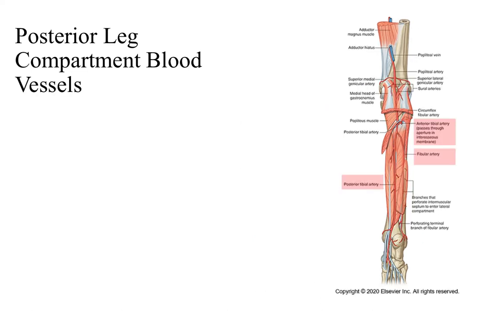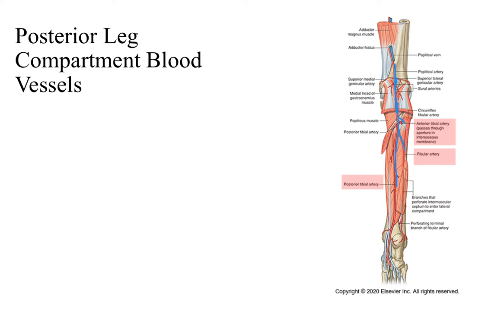So the arterial supply to the posterior compartment of the leg comes from the popliteal artery, and notice it extending down here till it gets past the popliteal region, and then it splits off into the anterior tibial artery and the posterior tibial artery. And the posterior tibial artery then splits off to form the fibular artery.